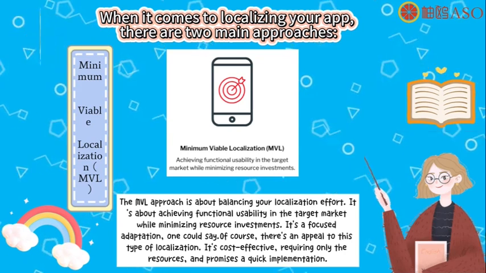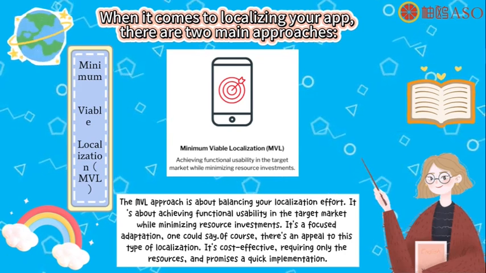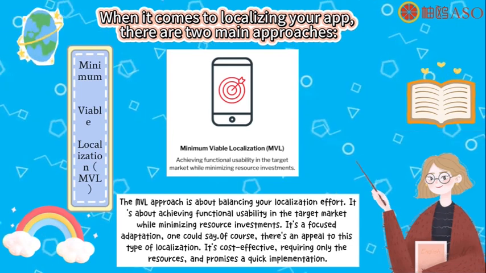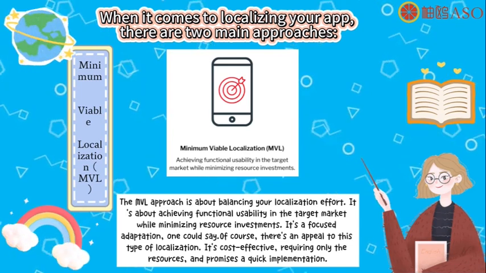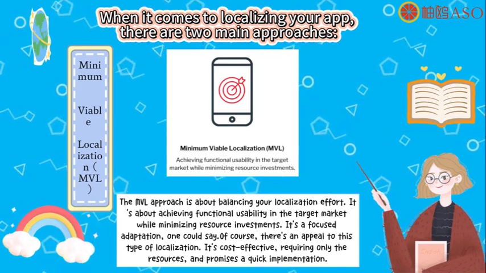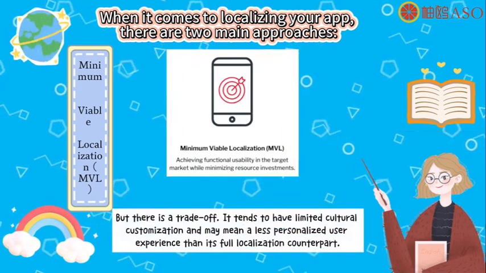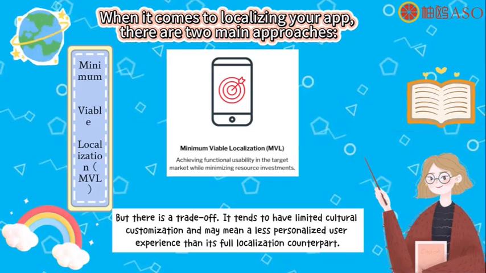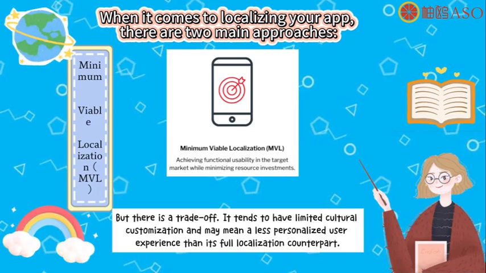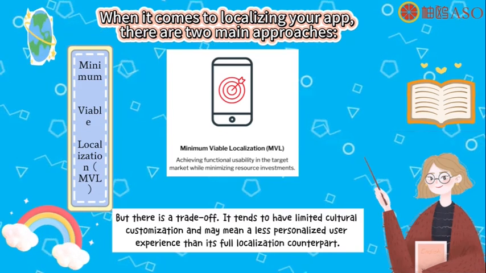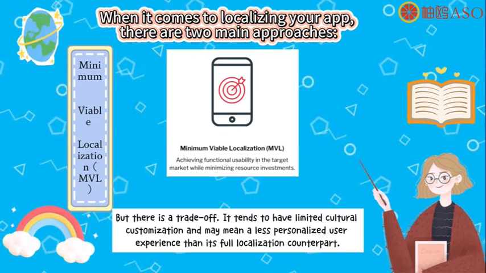There's an appeal to this type of localization. It's cost-effective, requiring minimal resources, and promises a quick implementation. But there is a trade-off. It tends to have limited cultural customization and may mean a less personalized user experience than its full localization counterpart.